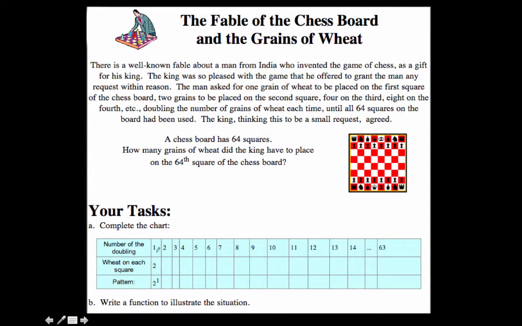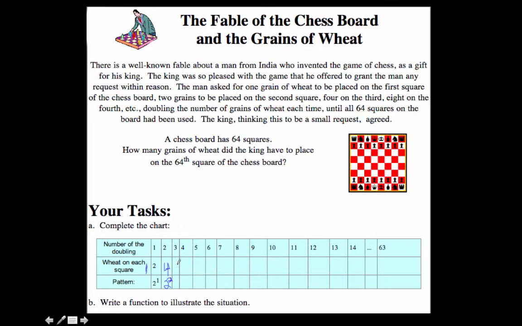So on the first square, he had 1. And then the next one he had 2. And the next one it doubled. He had 4, which is also 2 times the 2 he had before.